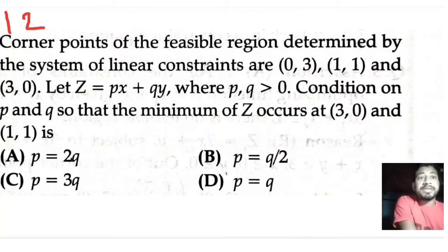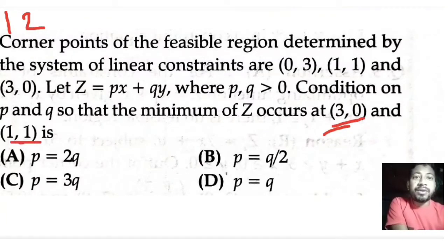Corner points of the feasible region determined by the system of linear constraints are (0, 3), (1, 1) and (3, 0). Let z equal px plus qy, where the condition on p and q is such that the minimum of z occurs at (3, 0) and (1, 1). If we put (3, 0), we get 3p.